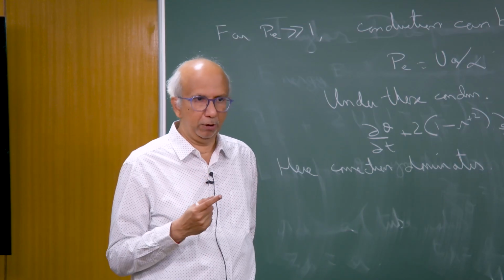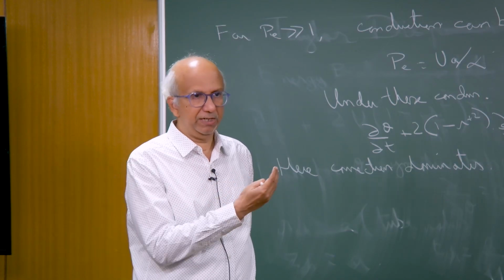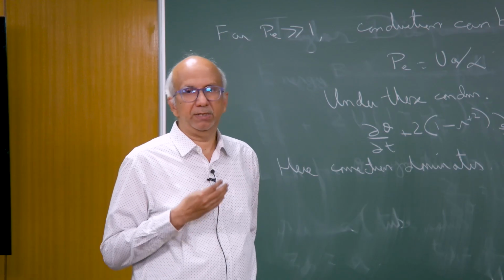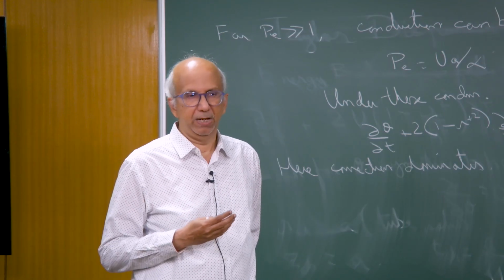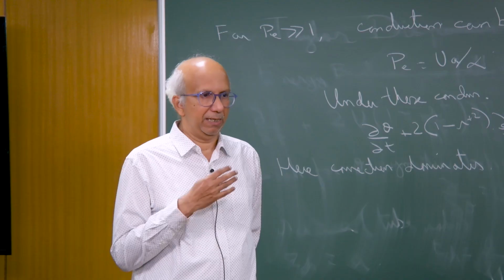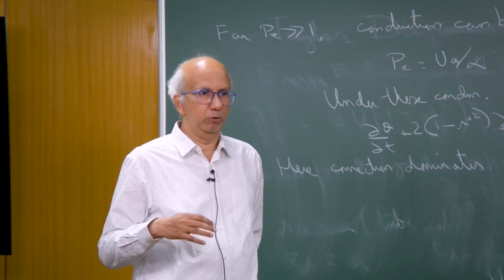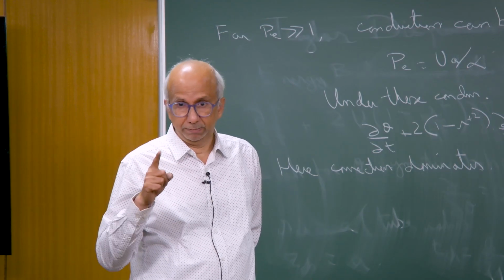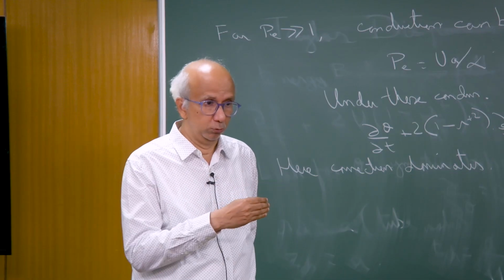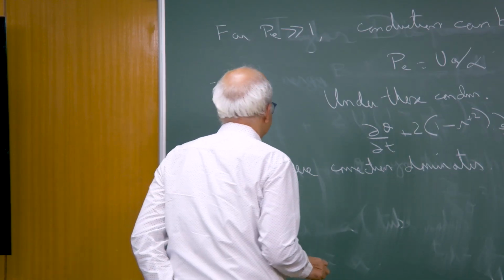So, my point here is convection is going to dominate for short times. Okay. What is the meaning of short times? The time is going to be given by A divided by U, because my z characteristic was A, my mean velocity is U.